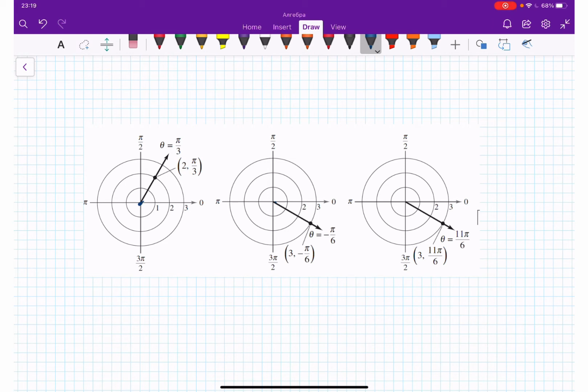Okay, with rectangular coordinates, each point x, y has a unique representation, right? But this is not the case with polar coordinates.